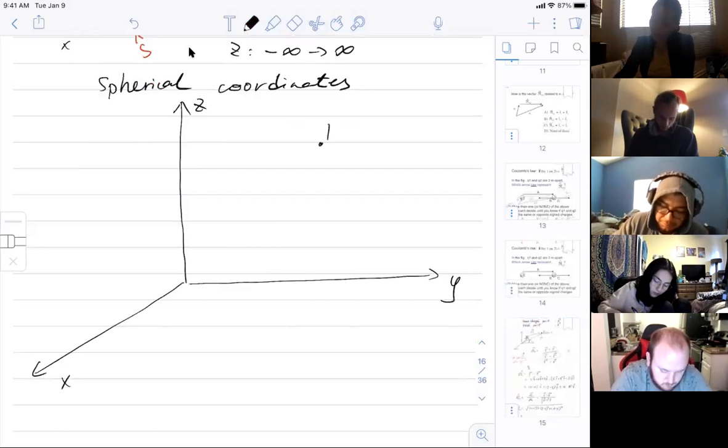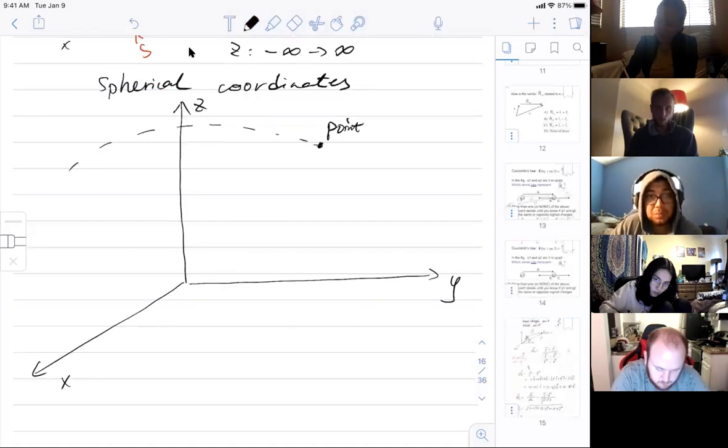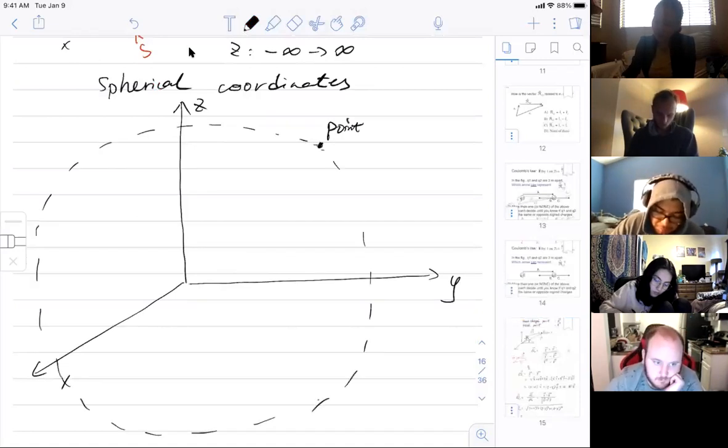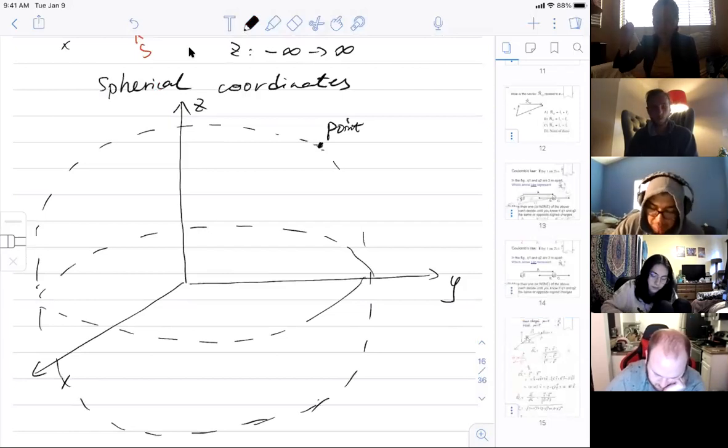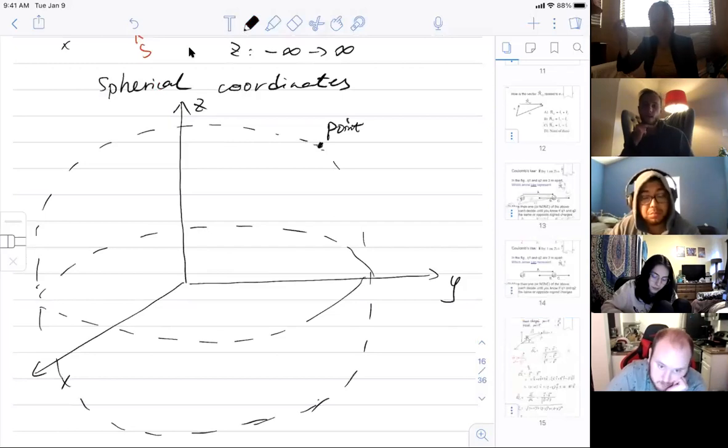Here we have a point again in space. Simply imagine this is a round balloon, and this is just a point on the surface of the balloon.